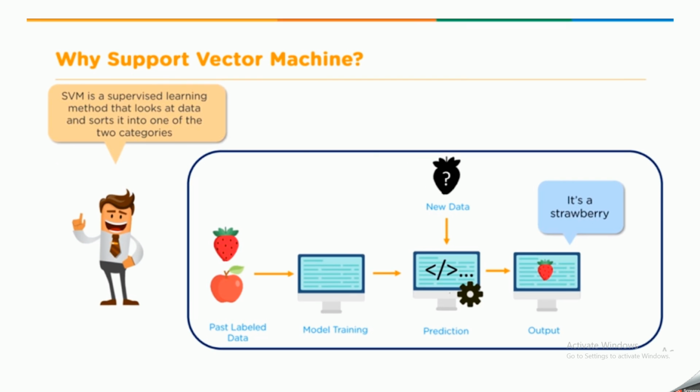The definition: SVM is a supervised learning method that looks at data and sorts it into one of two categories. The categories are nothing but whether it is a strawberry or an apple.